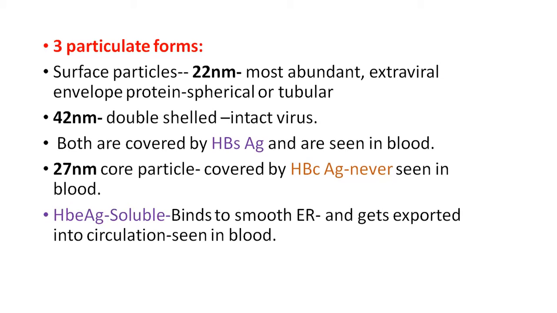Both are covered by HBsAg and are seen in blood. The 27 nm core particle, covered by HBcAg, is never seen in blood. HBeAg is soluble, binds to smooth endoplasmic reticulum, and gets transported into the circulation.